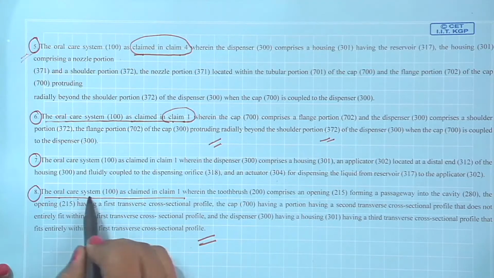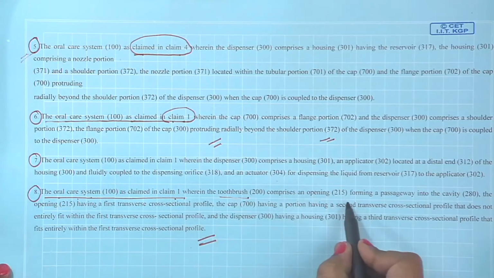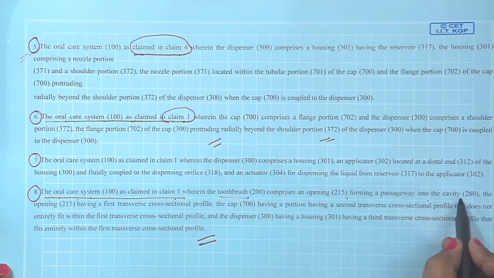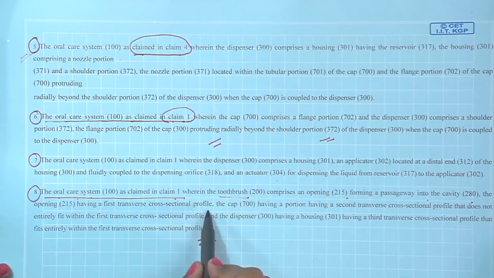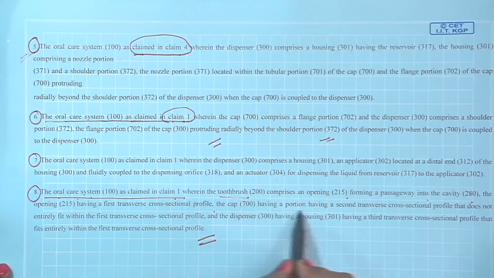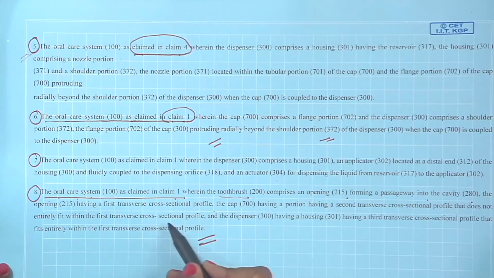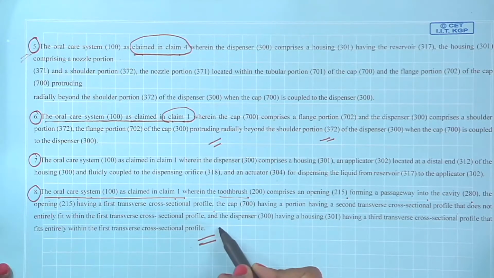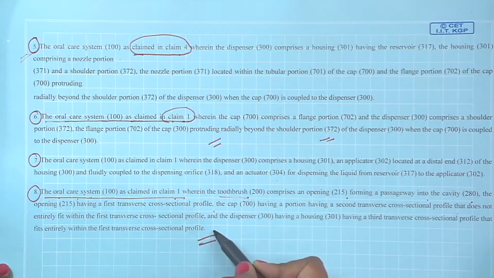The oral care system as claimed in claim 1, wherein the toothbrush comprises an opening forming a passageway into the cavity, the opening having a first transverse cross sectional profile, the cap having a portion having a second transverse cross sectional profile that does not entirely fit within the first transverse cross sectional profile, and the dispenser having a housing having a third transverse cross sectional profile that fits entirely within the first transverse cross sectional profile.